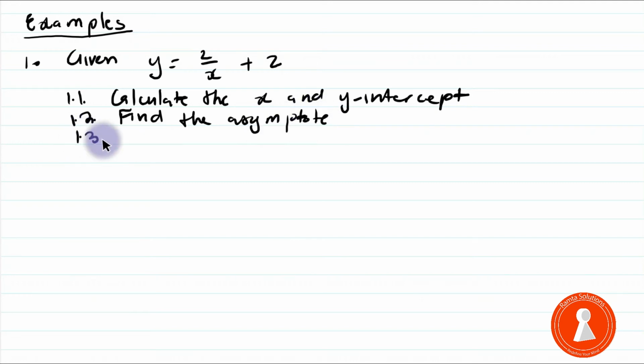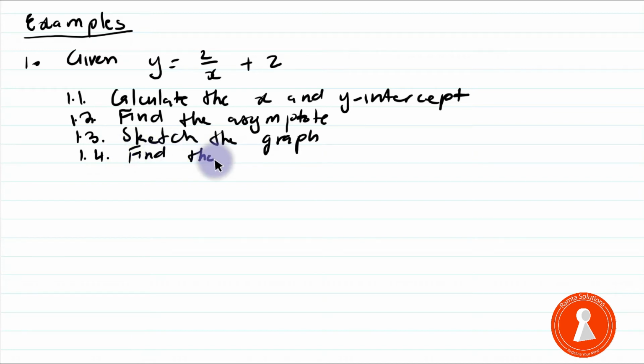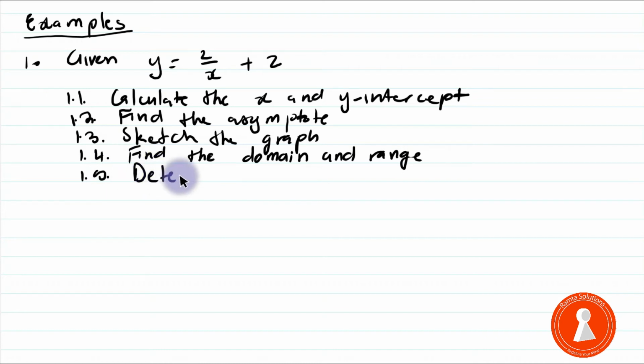Number 1.3, sketch the graph. 1.4, find the domain and range. 1.5, determine the axis of symmetry. Remember, axis of symmetry divides the graph into 2 equal halves.